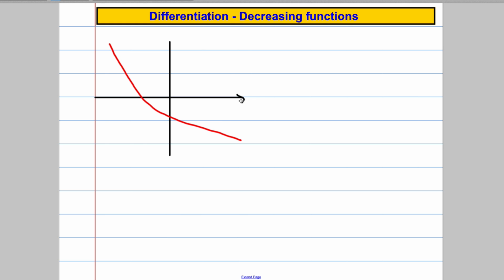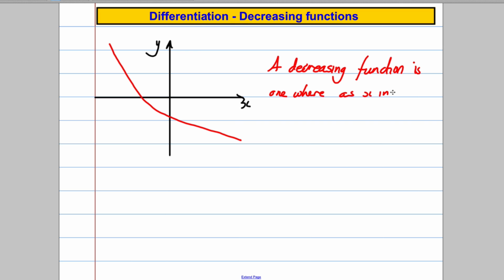So a decreasing function is one where as x increases, y decreases.